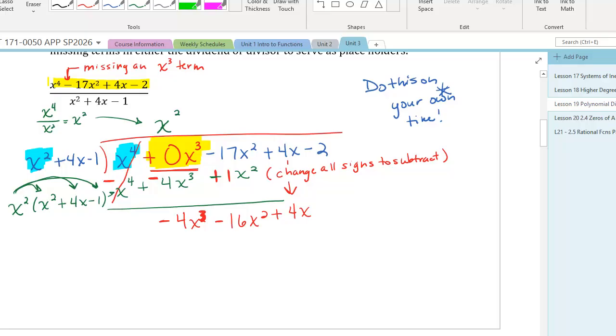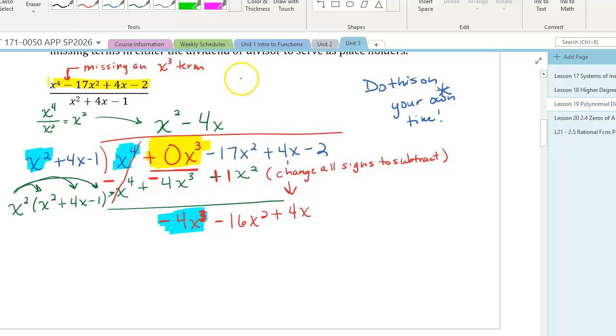Now I'm going to start that algorithm all again. So remember, you're looking at the first term here, and then the first term here. And you're asking yourself, what can I multiply by x squared to give me negative 4x to the third? So that would be a negative 4x.